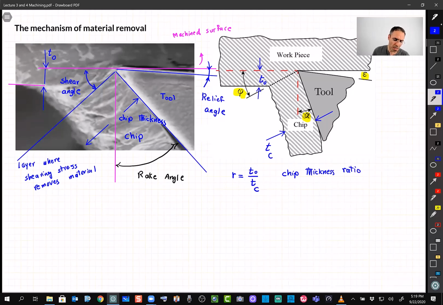So R then is T0 over TC. That's one relation that we have.